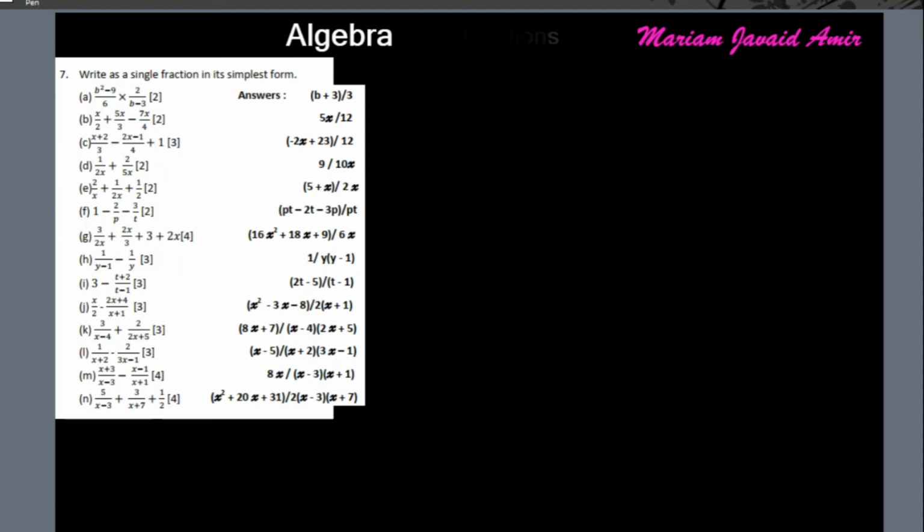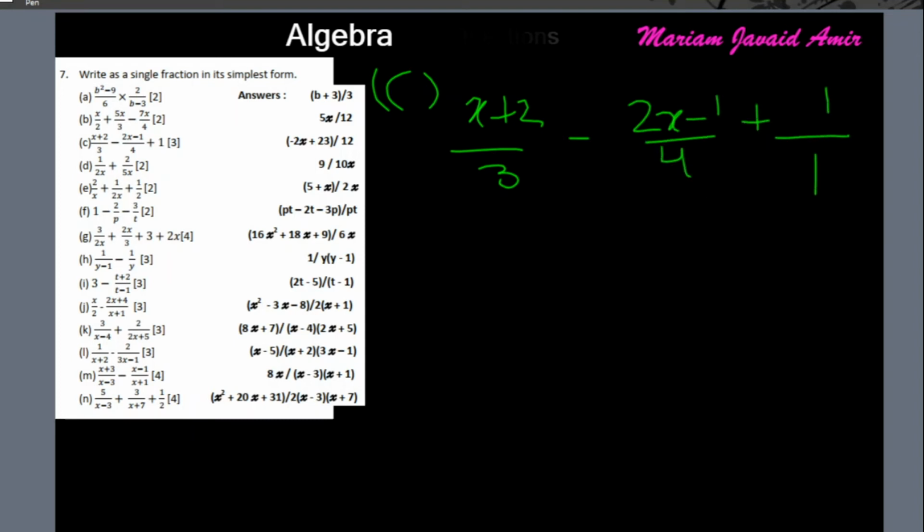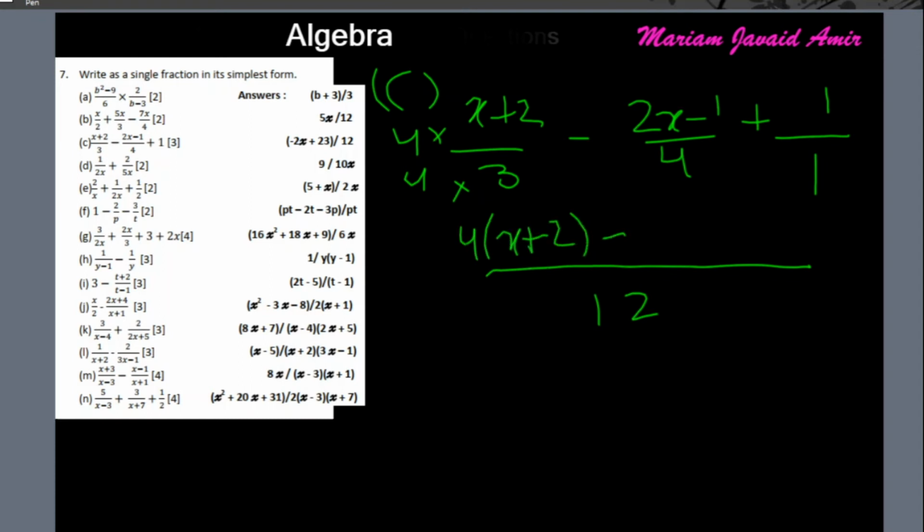Part C is x plus 2 over 3 minus 2x minus 1 over 4 plus 1 over 1. Let's write it as 1 over 1. So again we need the LCM for 3, 4, 1, which is again 12. To change 3 into 12, we're multiplying it with 4. So the numerator becomes 4 times x plus 2 minus 3 times 2x minus 1, and plus 12 because it is being multiplied with 12.